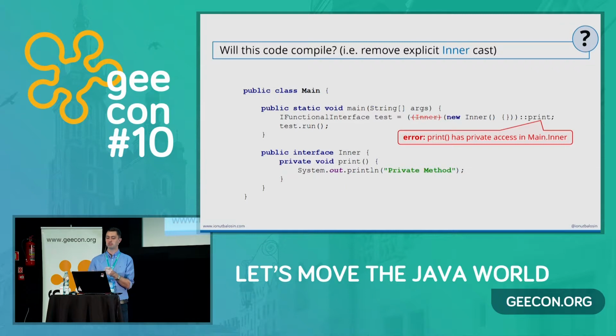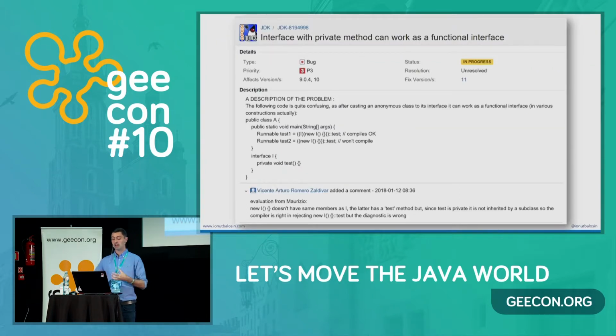Why? Because the print method is a private method, and the compiler is right in rejecting this. However, the diagnosis is wrong. We shouldn't, for example, get that compile time exception.